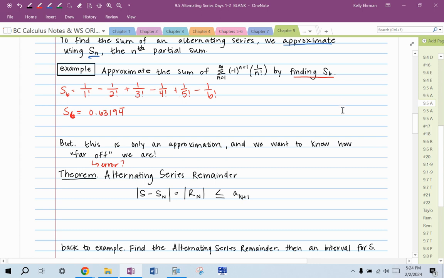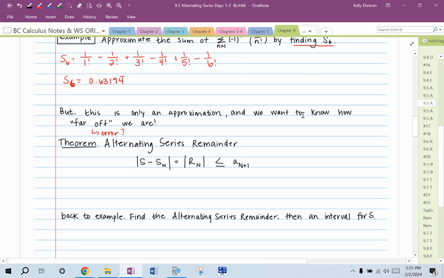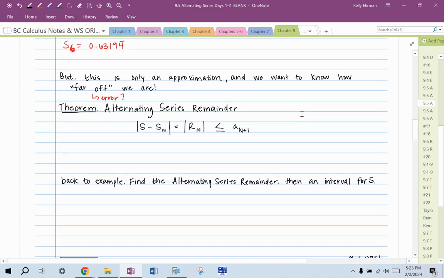So we have a theorem that we're going to use a lot, and we'll use it especially for free response questions. It's called the alternating series remainder. So let me translate this notation that you'll see a lot. The absolute value of S, which is supposed to be the actual exact sum of the series, which we don't know, minus our nth partial sum.